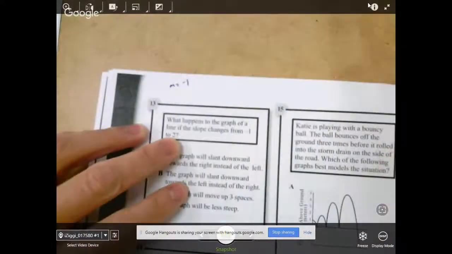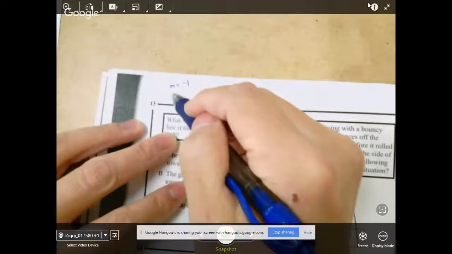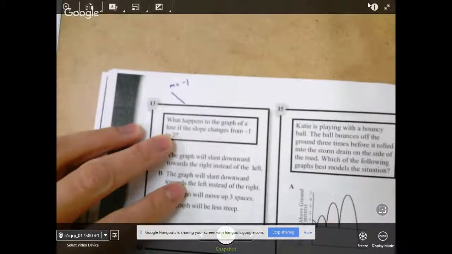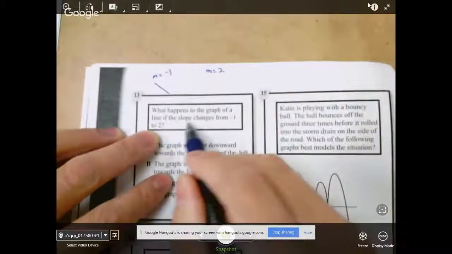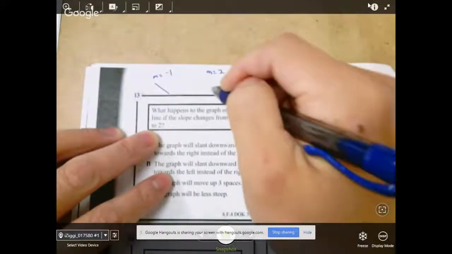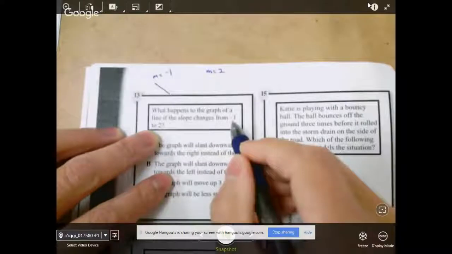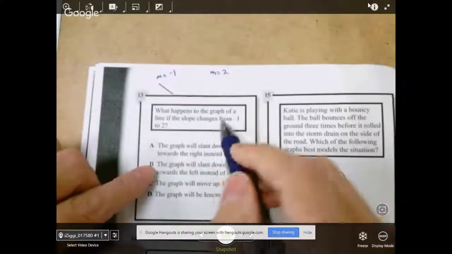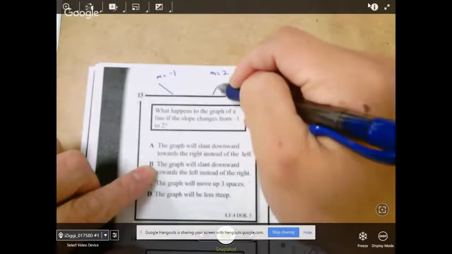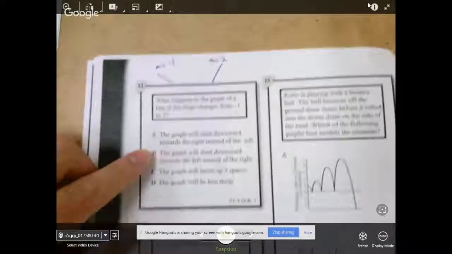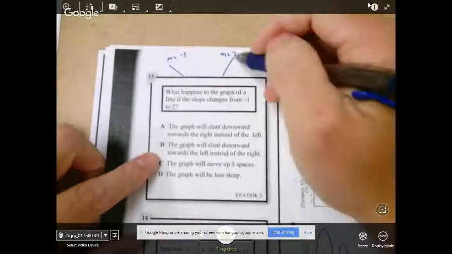For a slope of 2, the absolute value of 2 is bigger than 1, so the slope's going to be steeper, and it's positive, so it's going to be going up. So you end up with a slope of 2 because it changes from -1 to 2.